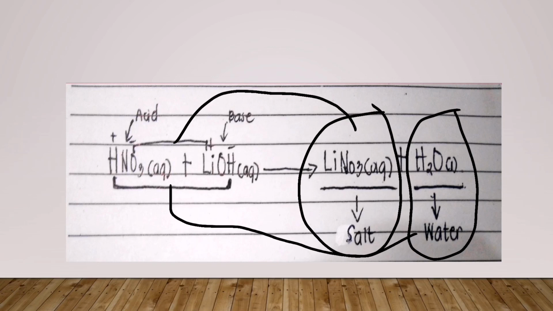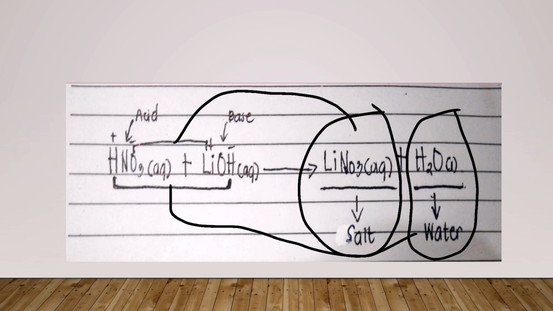The Li here in the base is in the salt, and for the hydrogen, we have 2 hydrogen, 1 H from the acid and 1 H from the base, so that's why we have H2 here in the water. And the nitrate here is the N. So that's it. I hope you understand.